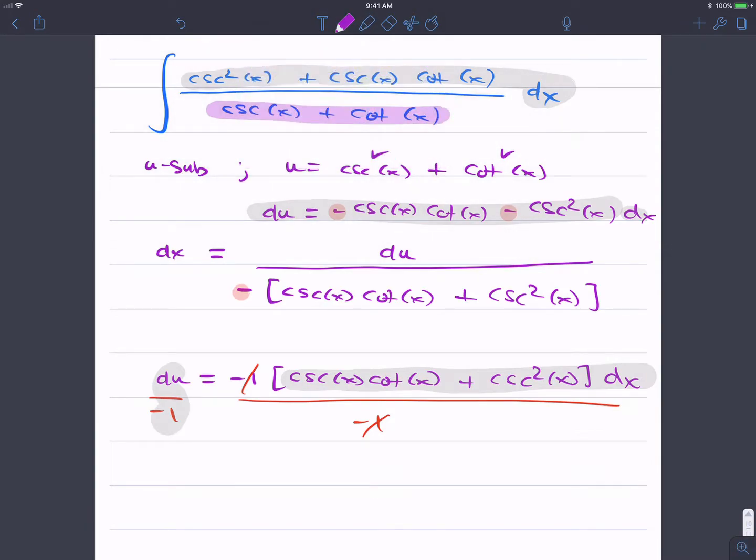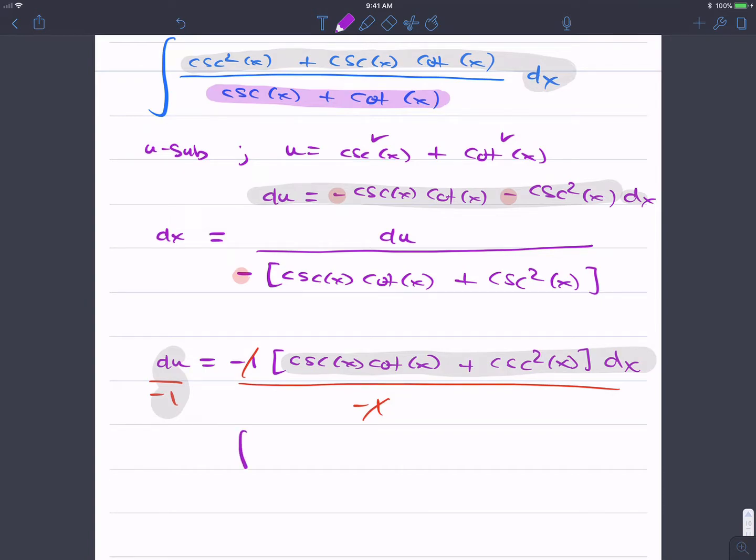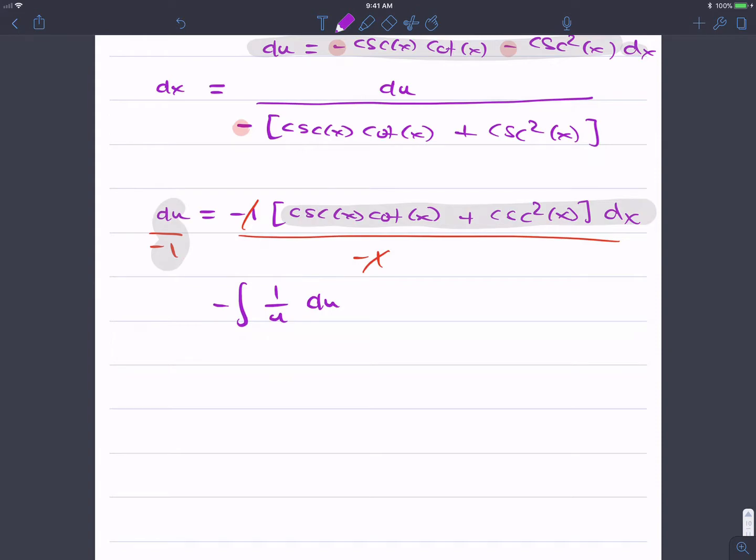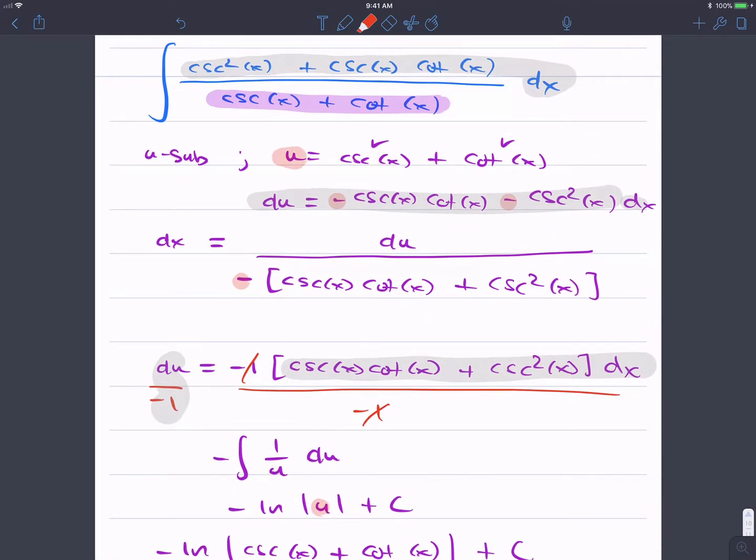So this problem is really going to come down to minus 1 over u du by u sub. And that gives me minus natural log absolute value of u plus c, or minus natural log absolute value of cosecant x plus cotangent x, because after all, this u was what we said it was up here.